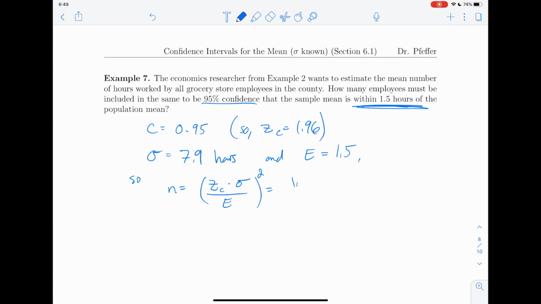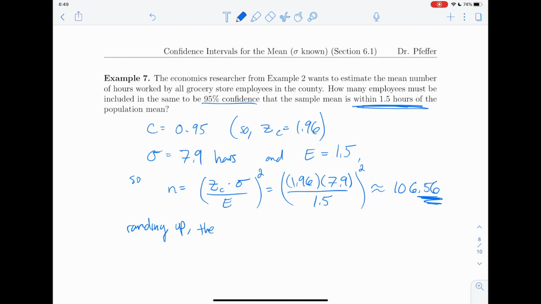In this case, it's 1.96 times sigma 7.9 over E 1.5 all squared, which if we compute this would be approximately 106.56. But of course these are people, 0.56th of a person is not really relevant, so we're going to opt to round up.